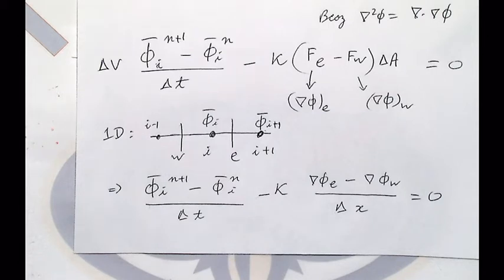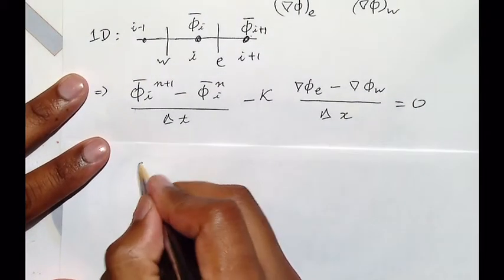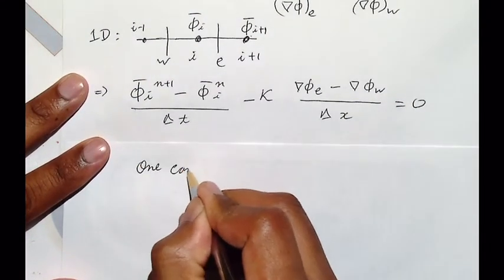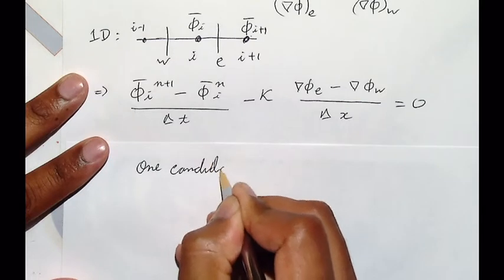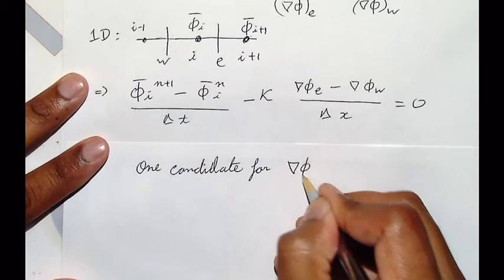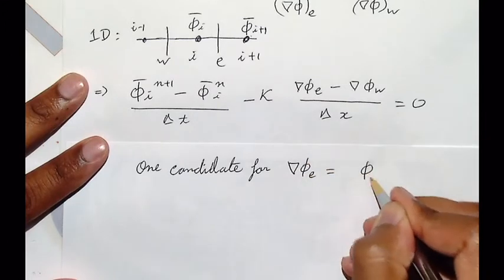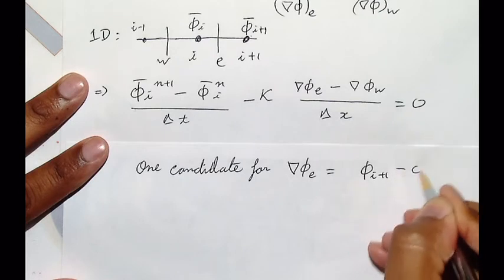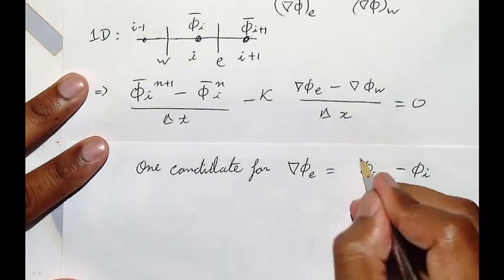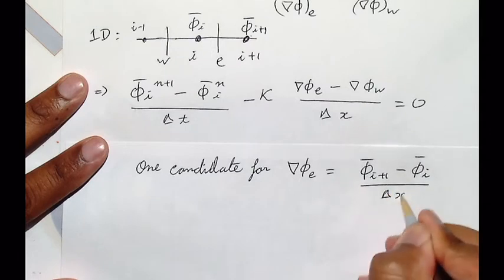Find one candidate: phi bar I plus 1 minus phi bar I, divided by delta x.